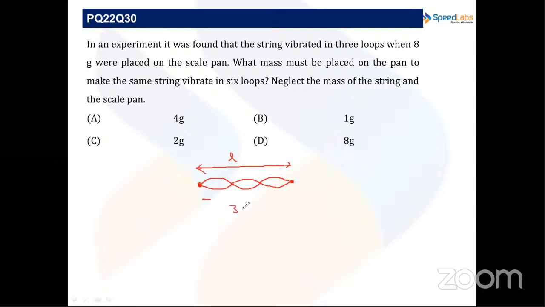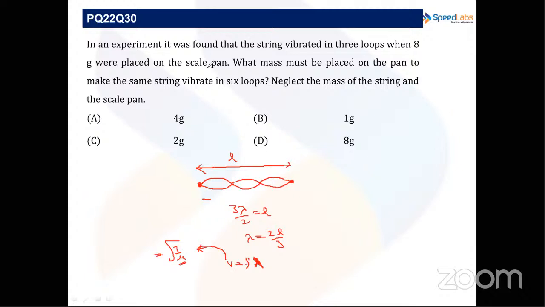3 lambda by 2 is equal to L here, and then lambda can be found as 2L by 3, and V is equal to f lambda, just apply that, and V is equal to under root T by mu. Keep mu the same and only change the tension. Tension is mg, and initially it was 8 gram, right?